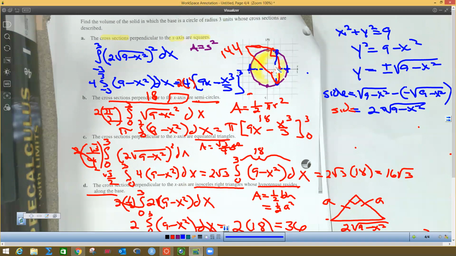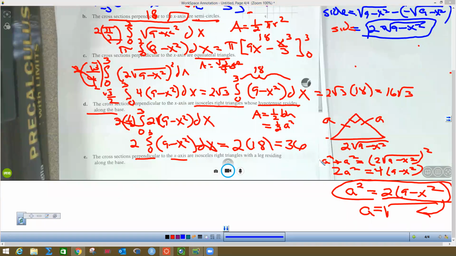So this was my side, which is still this thing right here. That's still my side, but now that's the leg of the right triangle. And since that is an isosceles right triangle, the blue part is equal to that part going up. And then this is the hypotenuse. It's no longer the base.